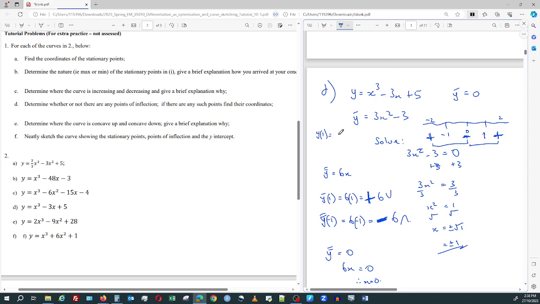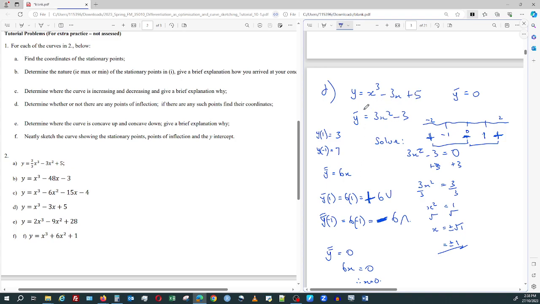Minus 2 plus 5 is 3. y at negative 1, because that's the other point, is minus 1 plus 3, which is 2, plus 5 is 7. So let's just check that. 1 minus 3 is minus 2, plus 5 is 3, and minus 1 plus 3 is 2, 2 and 5 is 7.